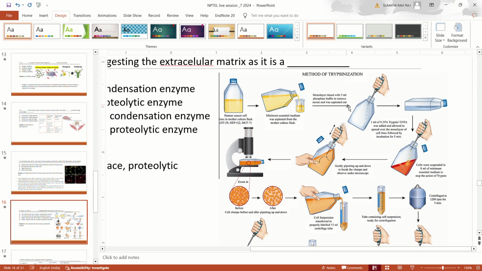So again, as I said, serum neutralizes the activity of trypsin. Now to stop the proteolytic cleavage, we will add serum containing media so that trypsin will get deactivated, because increased activation of trypsin or longer time exposure to trypsin will damage the cell surface proteins and the cells also.